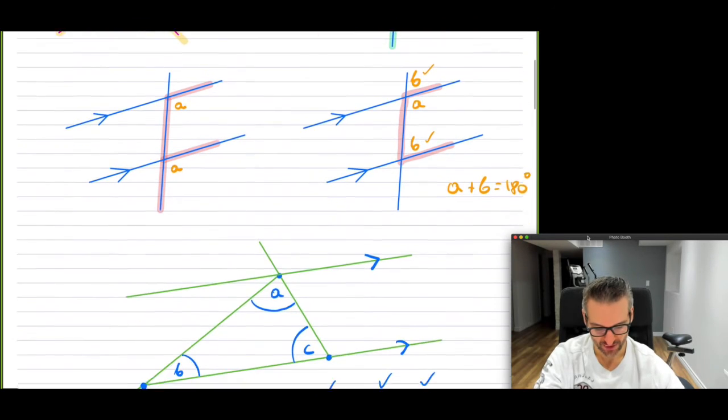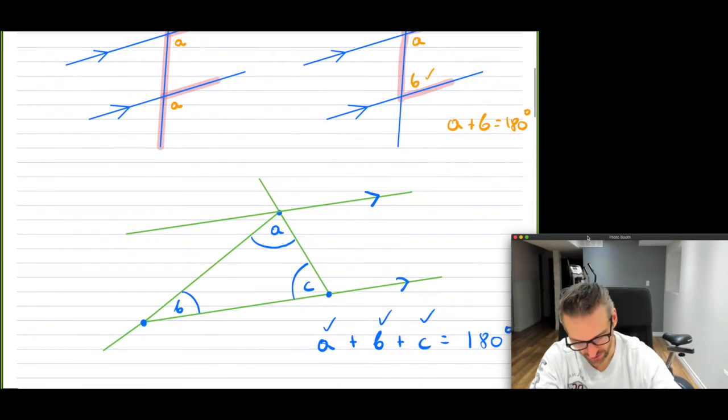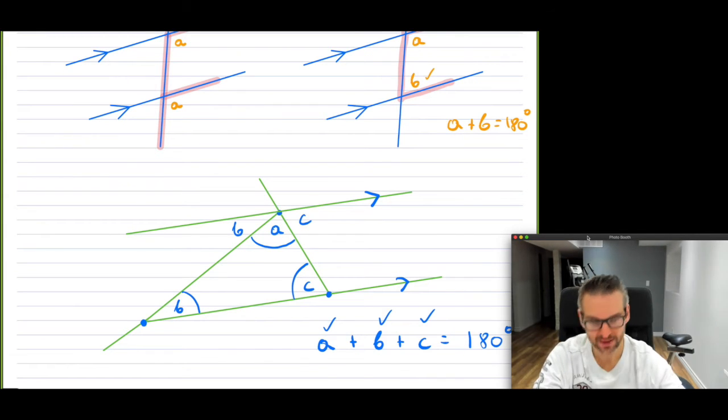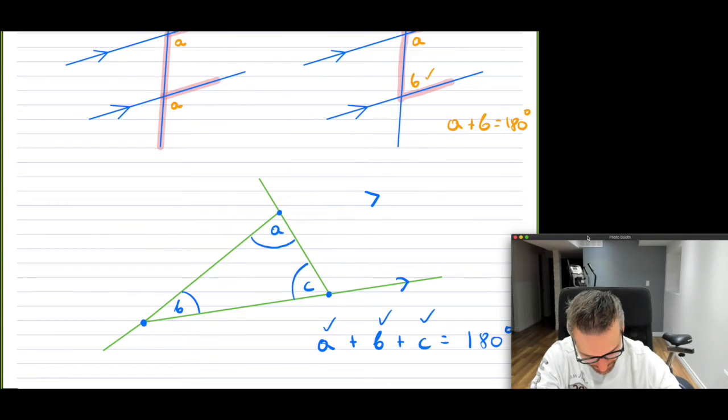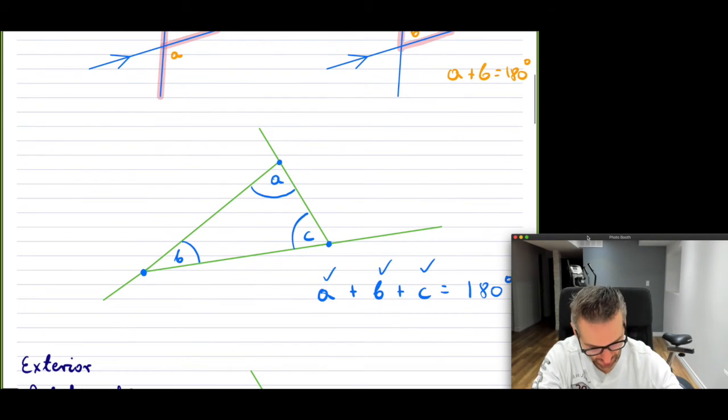The Z pattern in particular will tell you that this is B, and it will tell you that this is C. And there you have it. A plus B plus C has to be 180 degrees because a line has an angle of 180. That's something you can think about. Let me erase this back out. So that's one of the first rules for triangles.